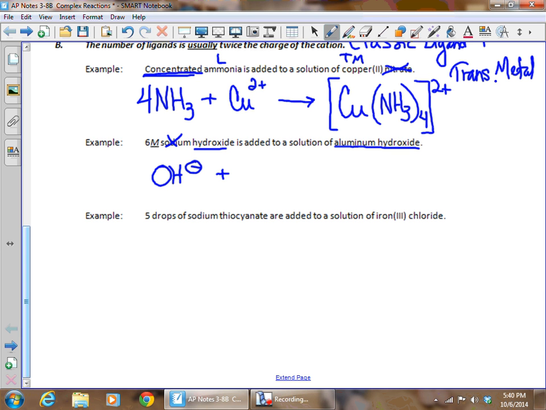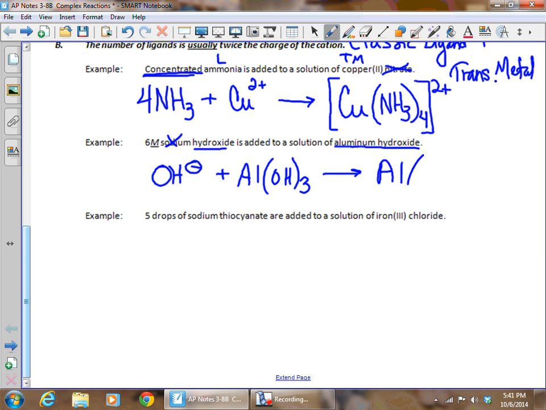Now, normally when we write that aluminum hydroxide, in complex reactions, we will often end up not splitting it. It wouldn't split anyway because it says it's a solution of aluminum hydroxide, but it's going to have to be a really weak solution because we're going to add more base to that, and what we're going to end up with then is our double the charge.